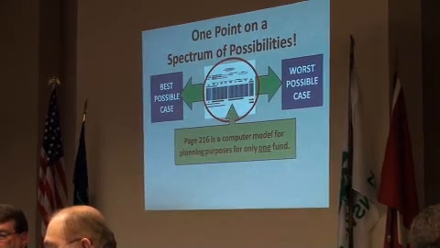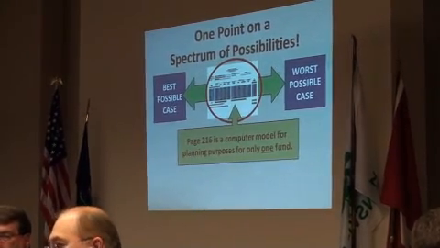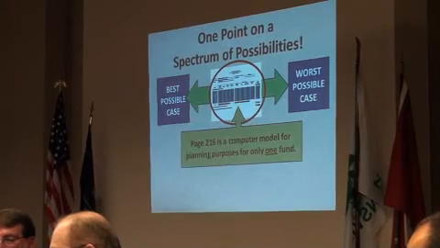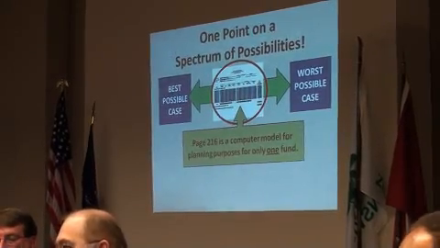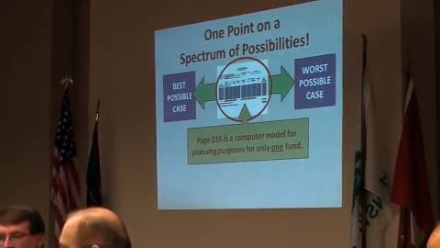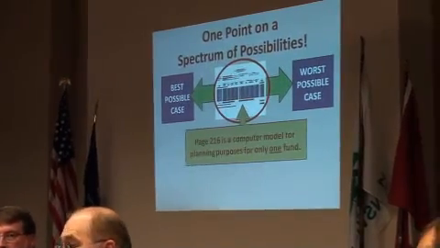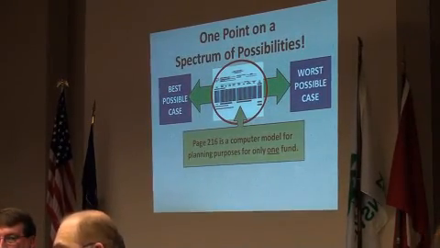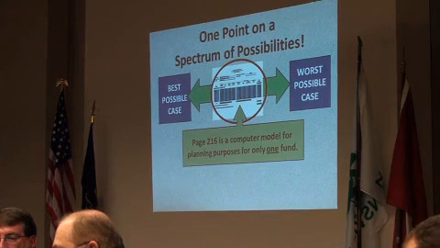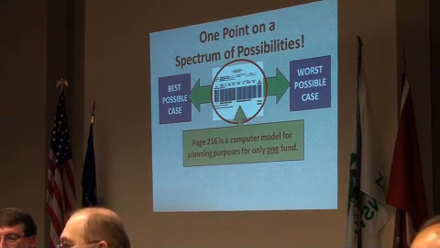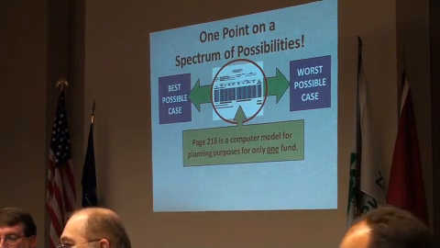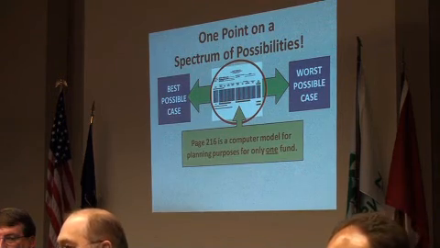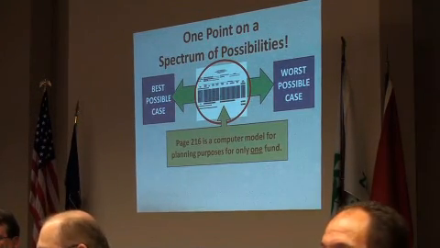It was done as an internal planning document, and what we did was run a computer simulation. The simulation takes into account as many variables as possible, but does not take care of all of them, and is intended to represent not a most likely scenario, but a midpoint in a wide spectrum of possibilities that could occur.